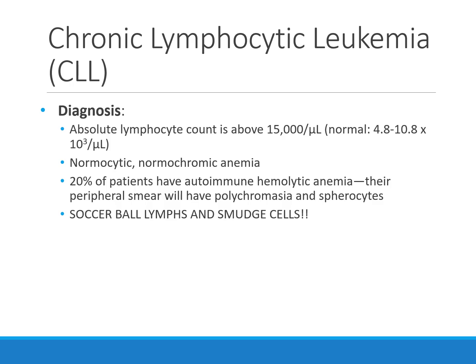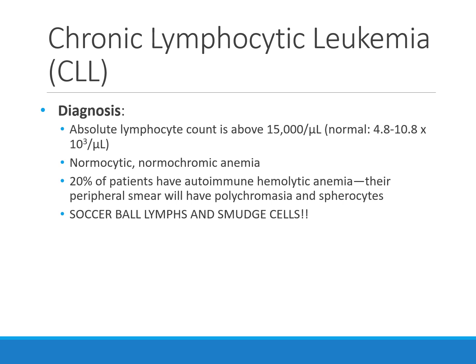All right. So with regard to diagnosis, there are a few things or some criteria that we look at. We are going to look at the absolute lymphocyte count, and that is typically above 15,000 microliters. And then, of course, the normal is 4 to 10.8.